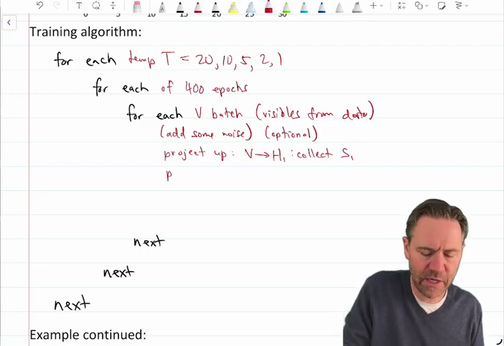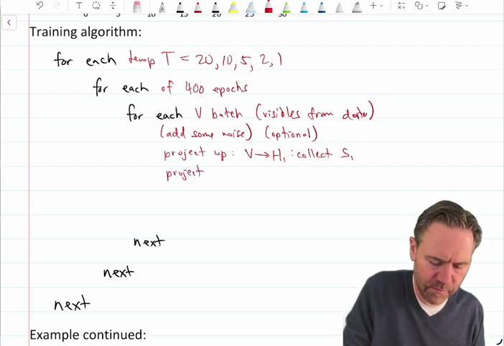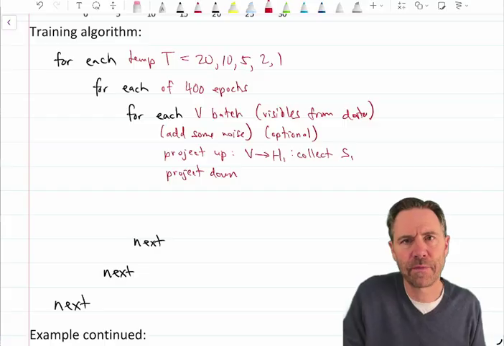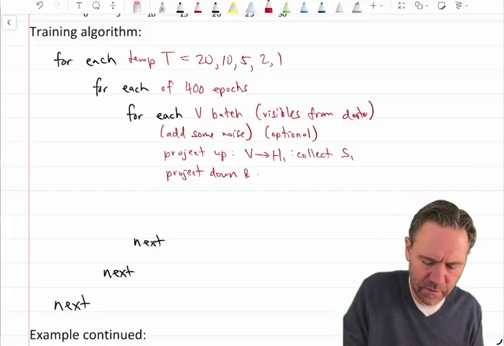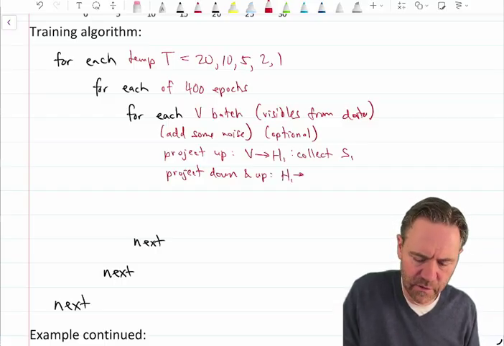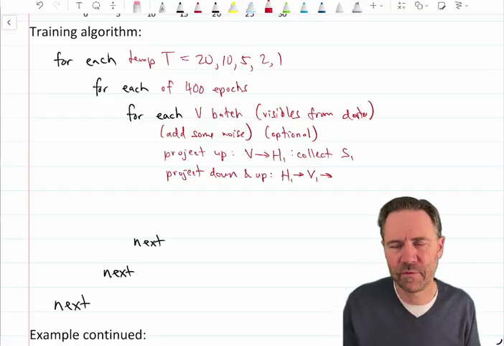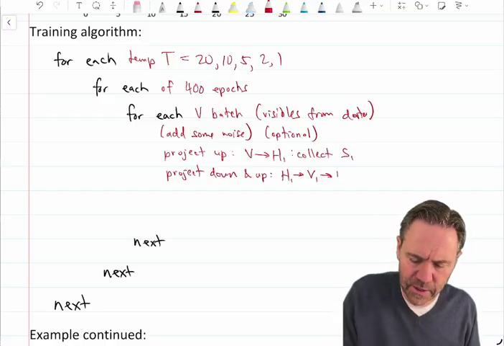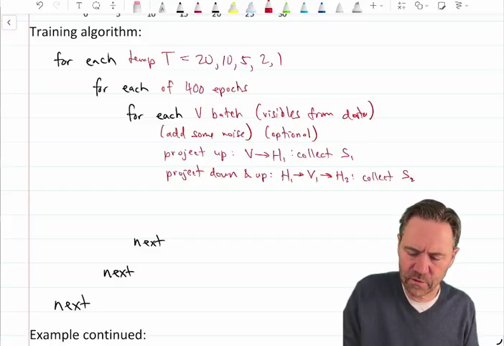Then we project down and up again. So H1 goes down to what I'll call capital V1, I called it V2 before, whatever. Back up to H2, and then again we collect co-occurrence statistics, which I'm calling S2.